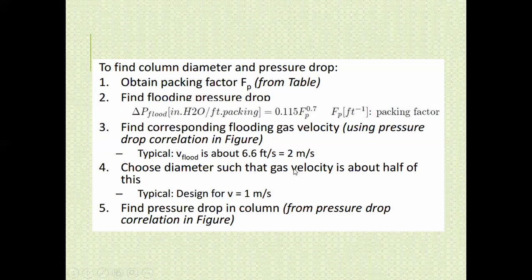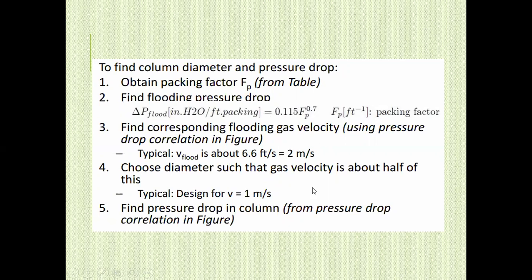In our case, and even if you're going to read McCabe and Smith, the design of most columns in the industry is not based on half, but rather 60% of the flooding velocity. So if this 50% is already conservative, then they want to raise it a little bit from that conservative assumption of the flooding velocity.